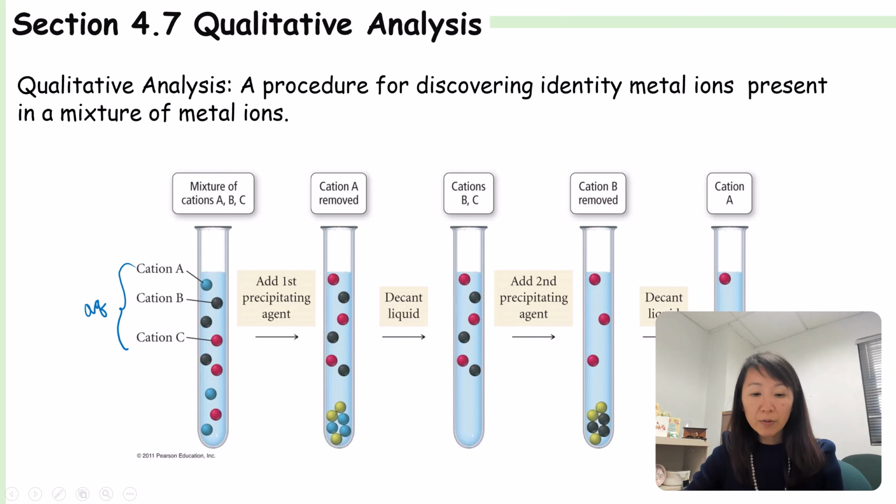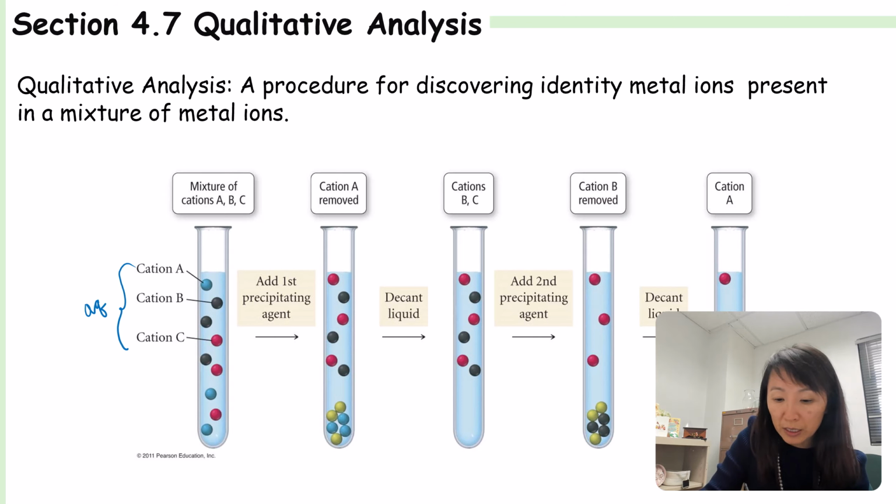But we add in what is called a precipitating agent. A precipitating agent would be another chemical that will cause a precipitation to occur, meaning a solid to form. So what I'm saying is, you see this blue chemical has to combine with this green one. Well, when they combined together, it formed into a solid. So you see a solid here.